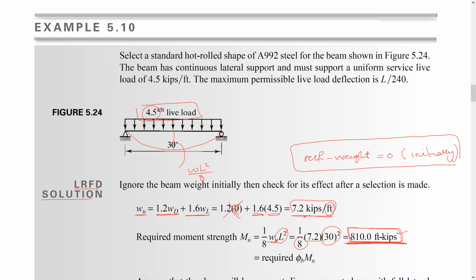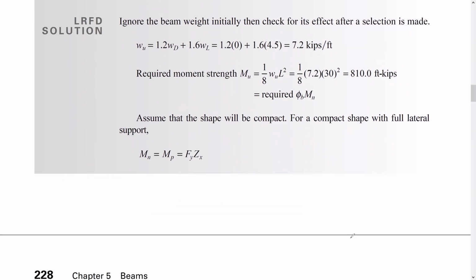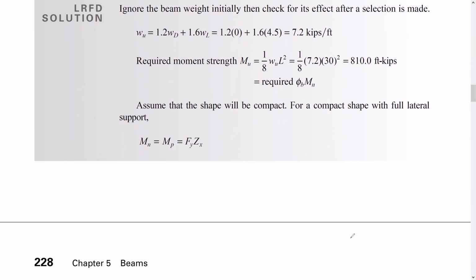Okay. So let's move down here. And we need to assume first if the shape is compact or non-compact. Let's assume it is a compact shape. Okay, so it's a compact shape. And you know, guys, as mentioned in the problem statement, it has full lateral support.